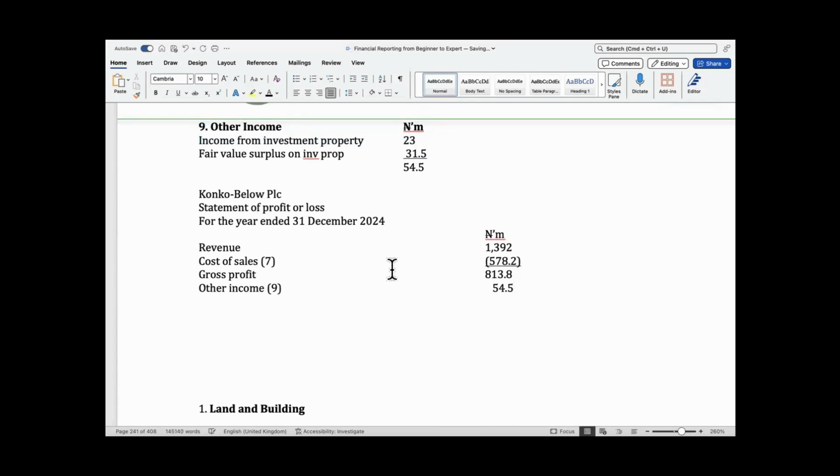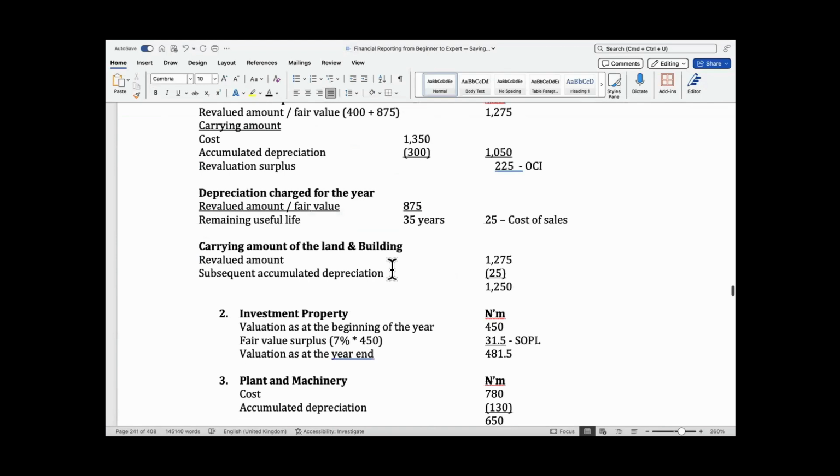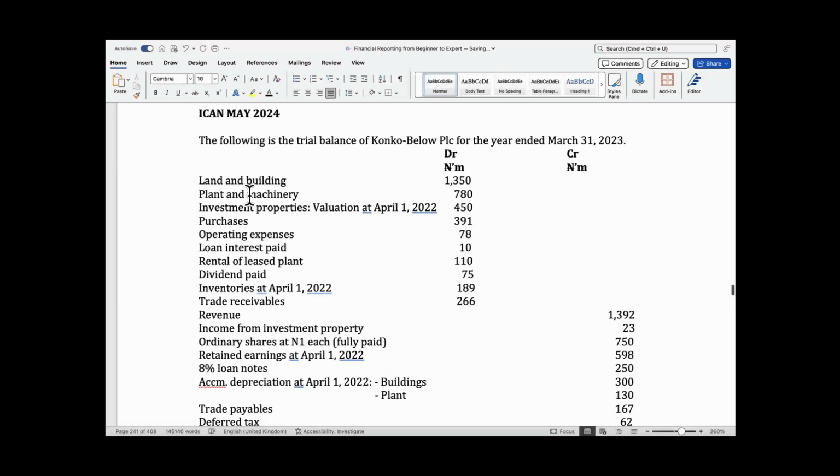Then I will check for my administrative and distribution expenses for my trial balance. And from what I'm seeing here, they did not give me admin and distribution, but the examiner decided to give me everything, called it operating expenses, and it says that it's 78. Good for me. So I go to my statement.